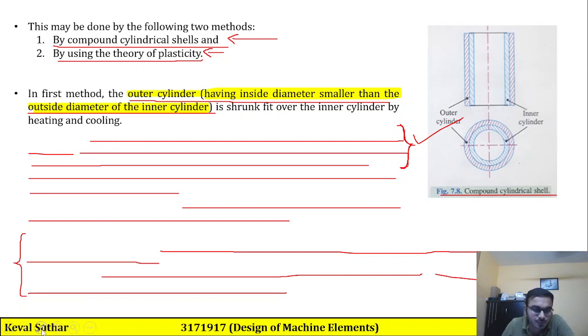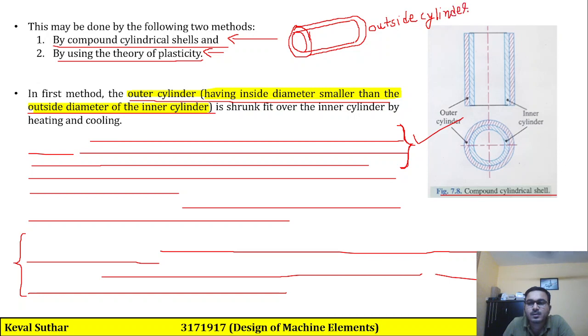then let me show you here. Let us say that this is the outside cylinder, and for the sake of understanding, let us say this inside diameter is 2 meter.